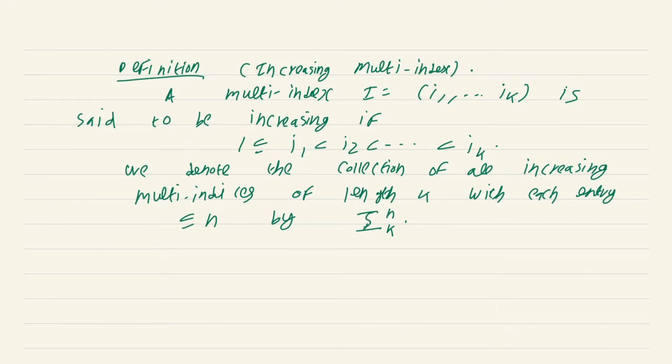So we denote the collection of all k-length increasing multi-indices, each entry being less than or equal to n, by this I_{n,k}.